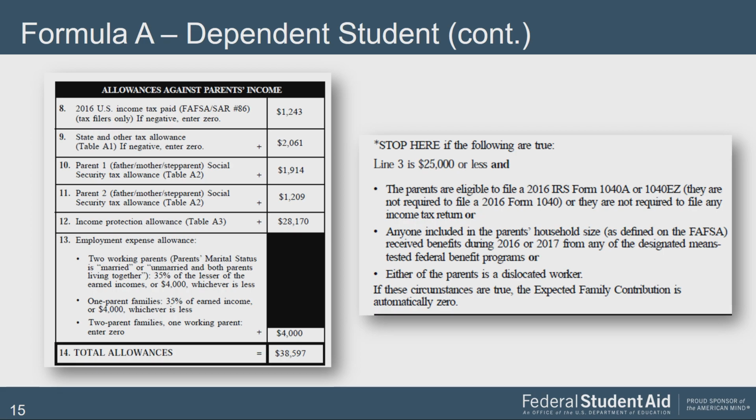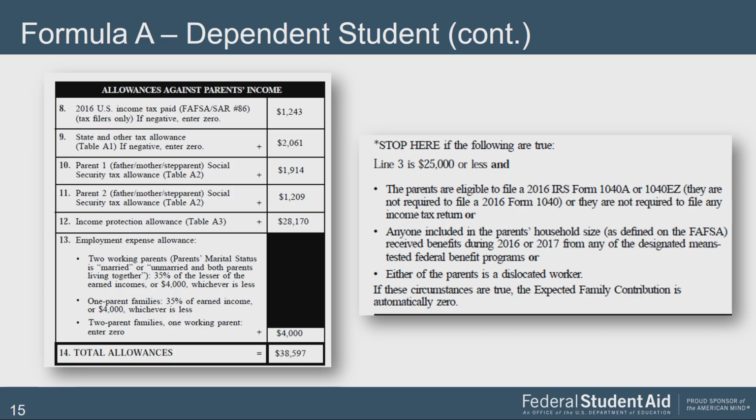And this was an acknowledgement that if both parents worked outside the home, there are some additional expenses that go along with that. You've got additional commuting costs, you've got childcare costs, you've got maybe a uniform or business attire that you have to acquire. So there are some additional expenses that come from having both parents work outside the home, or if it's a single parent family, that parent working outside the home.